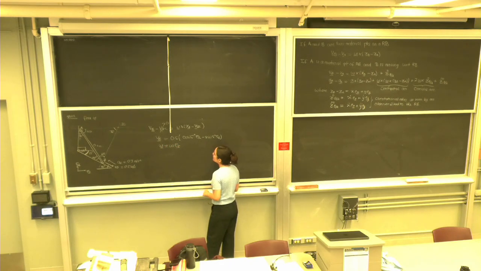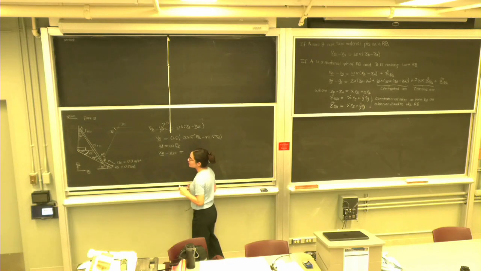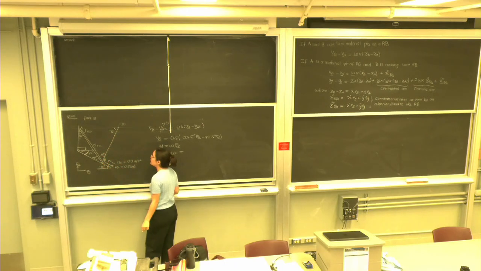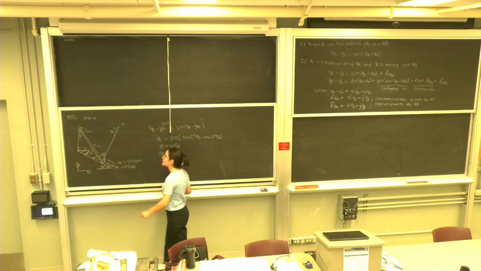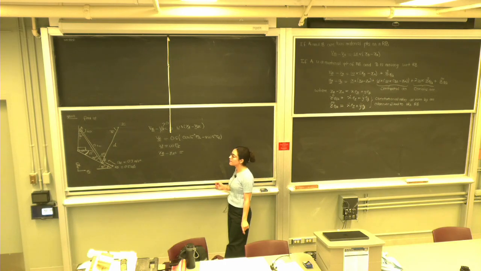What about XB minus XIC? Can I find this position vector? What is the length of this? Let me call it D. How can I calculate the distance D? I'm going to need to use geometry, maybe sine rule, cosine rule. I can do either law of sines or law of cosines.